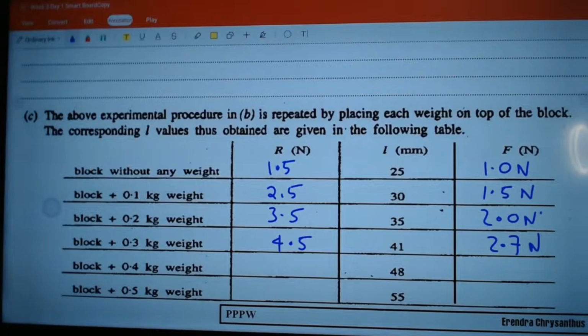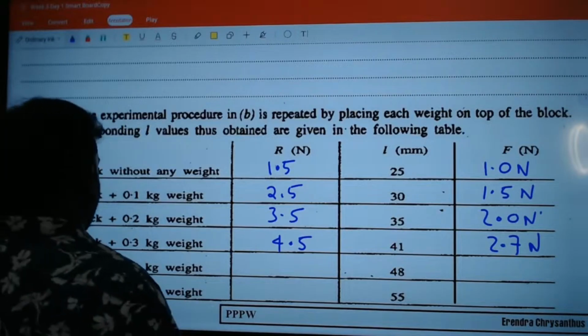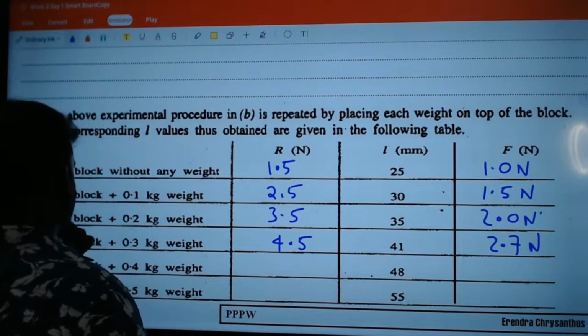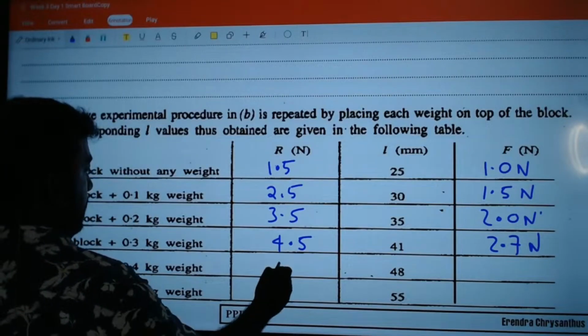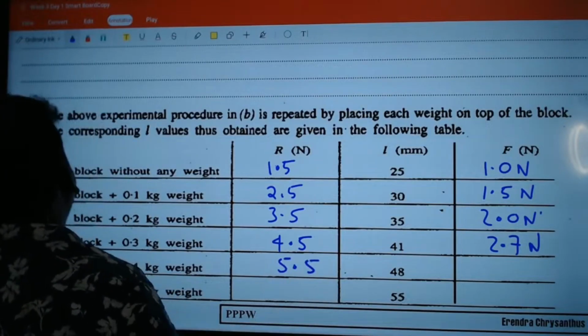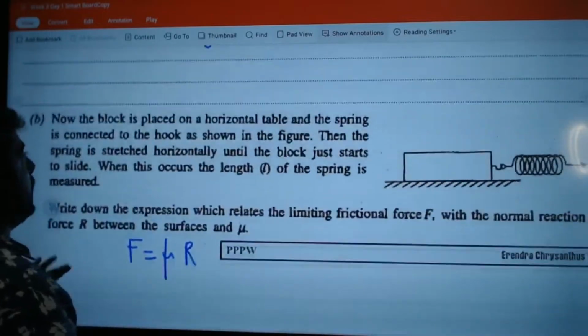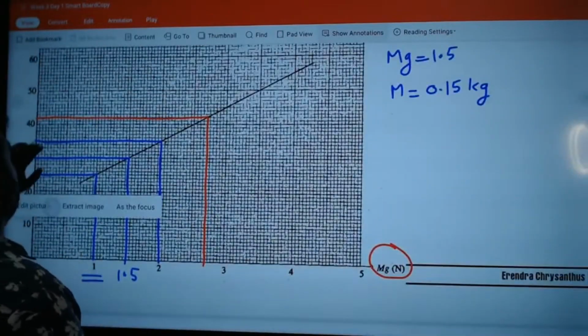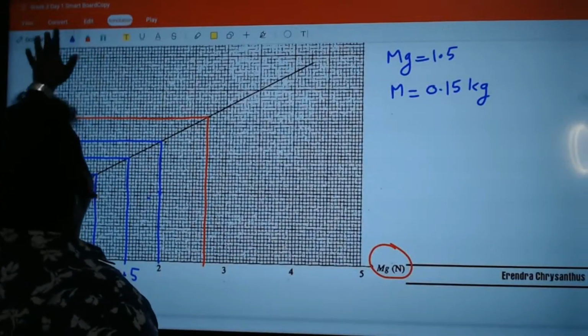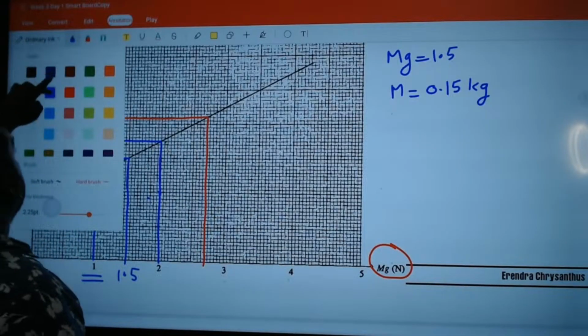Right. 0.4 kilogram. 4 Newton. 5.5. 48 millimeter. Go back to the table. 48 millimeter.